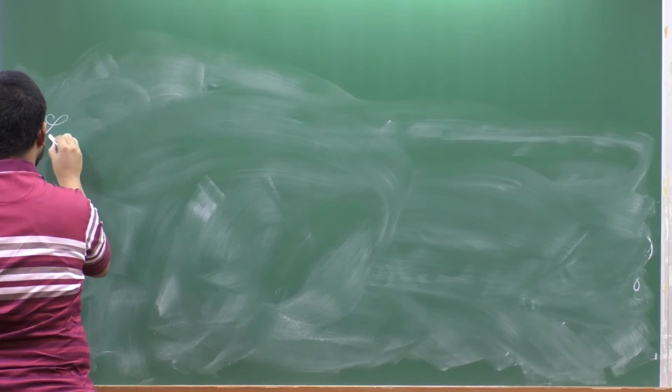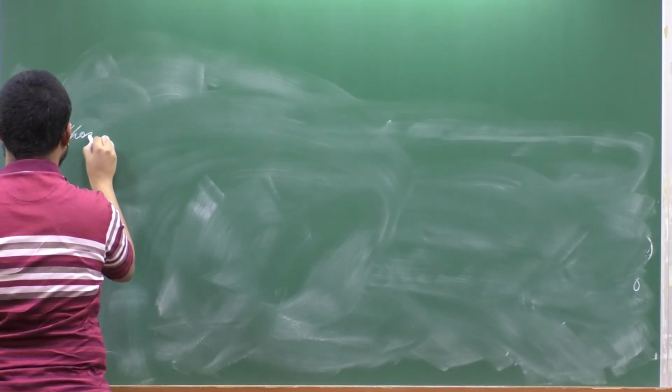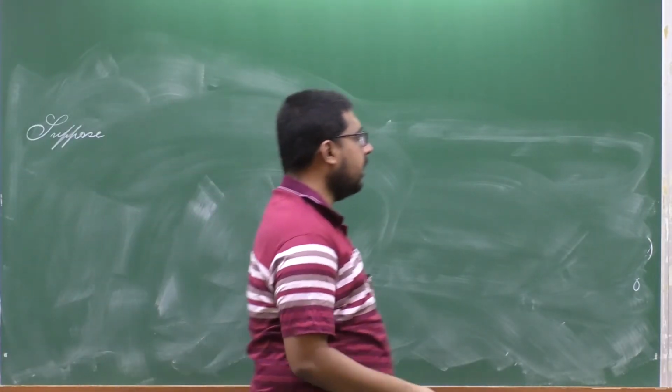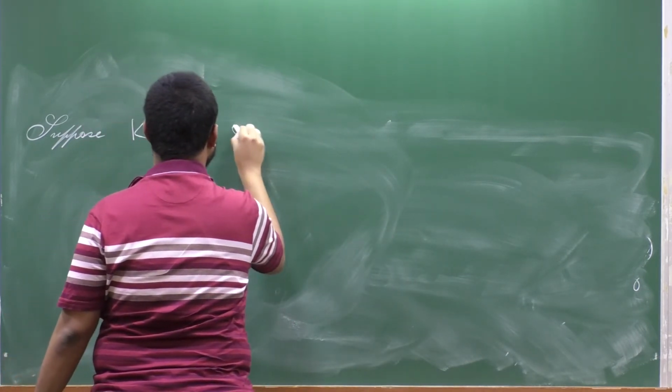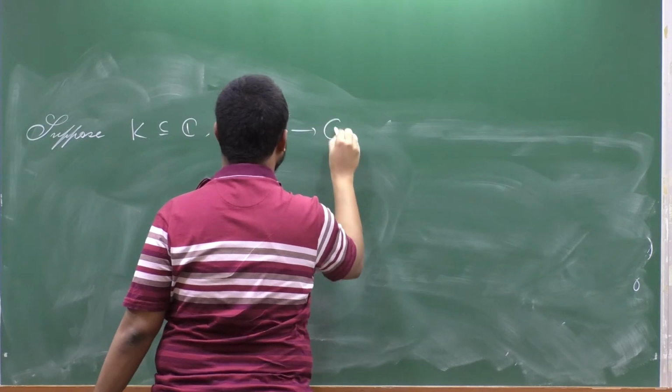So the scenario is exactly this: k is a subfield of C and sigma is an embedding.